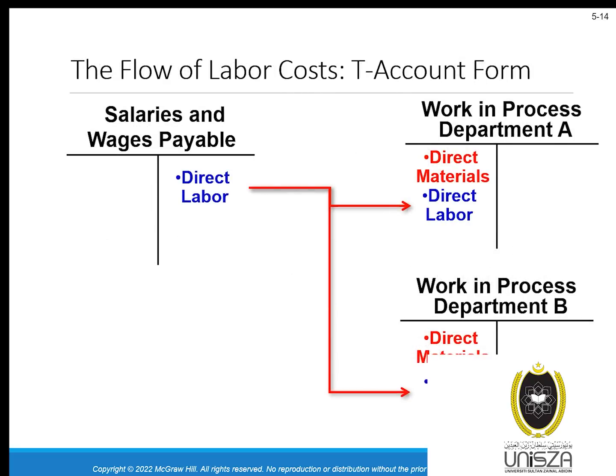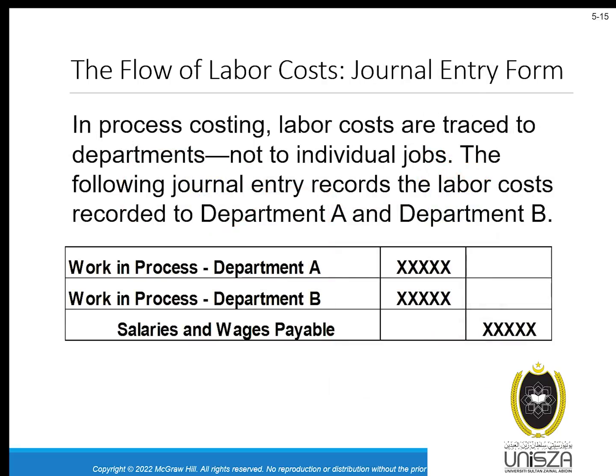Next, in terms of the flow of labor costs, from the direct labor we charge to department A as well as to department B. This is the journal entry: debit WIP department A, debit WIP department B, and credit salaries and wages payable.